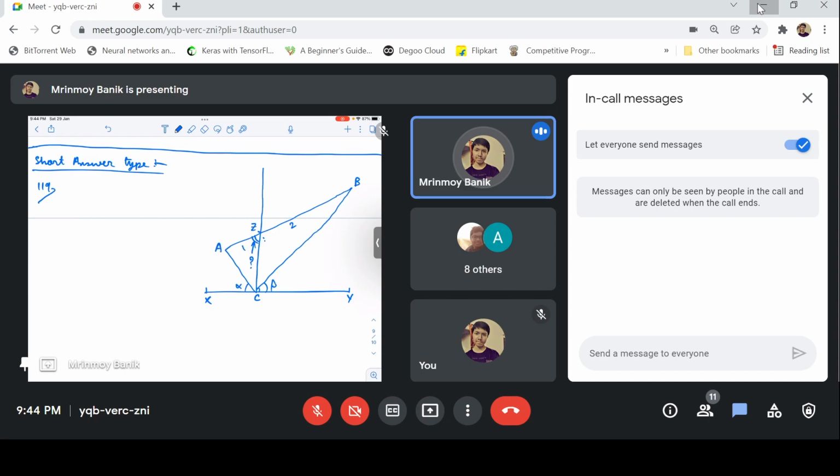So ZC by cos of theta minus alpha times cos alpha, by ZC by minus cos of theta plus beta. So this is AZ by BZ.